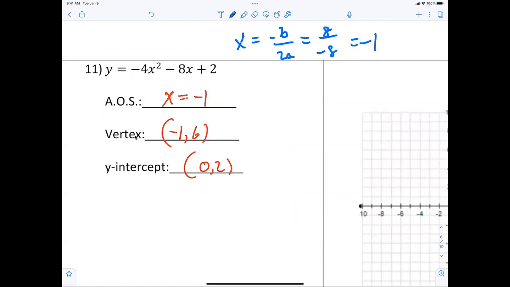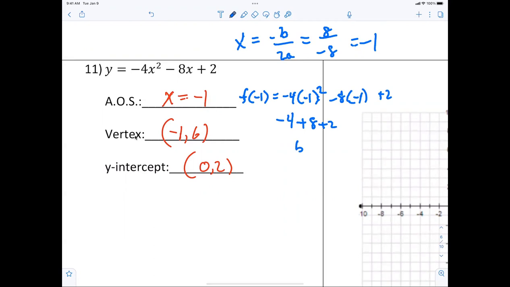Is everybody okay with that being negative 1? Now, f of negative 1, you plug negative 1 in. So that gave me negative 1 comma 6. And then the y-intercept is 0, 2.